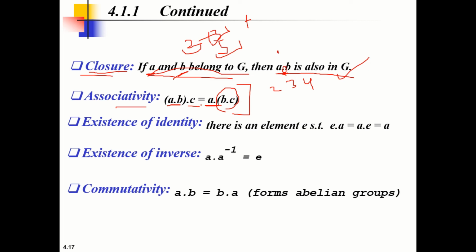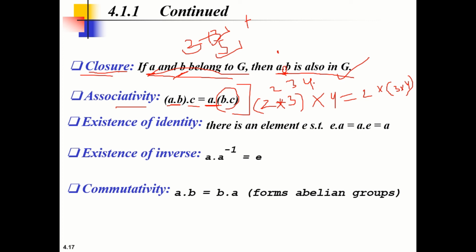Let's take multiplication for this, because for addition it will obviously be the same. 2 multiplied by 3, into 4, must be equal to 2 multiplied by 3 multiplied by 4.